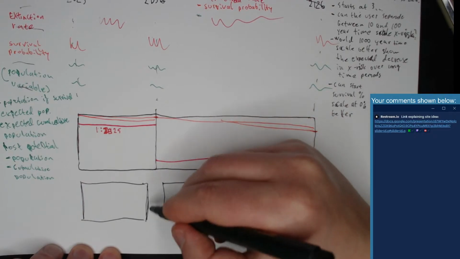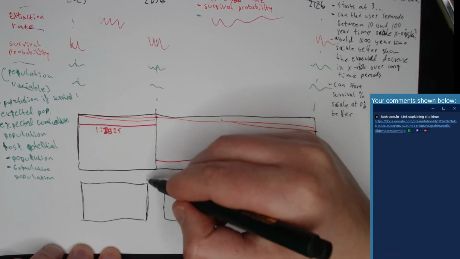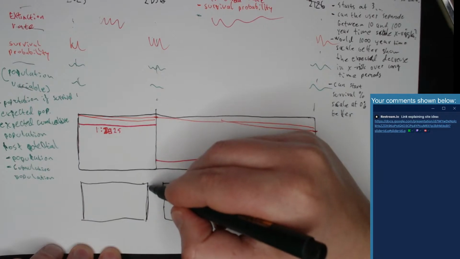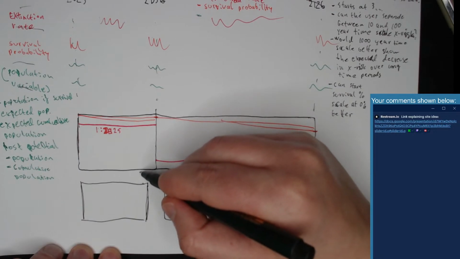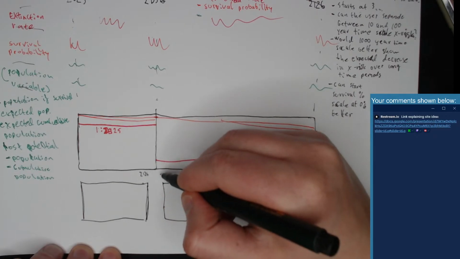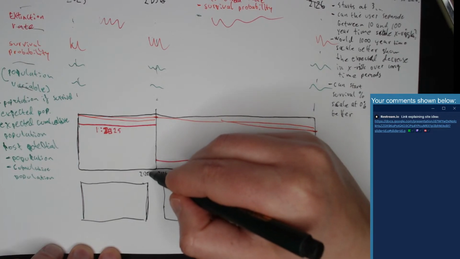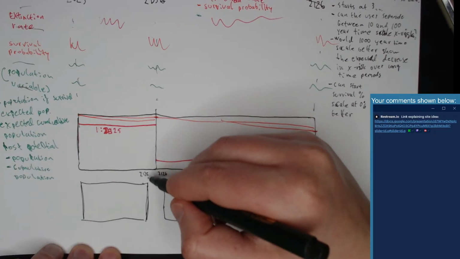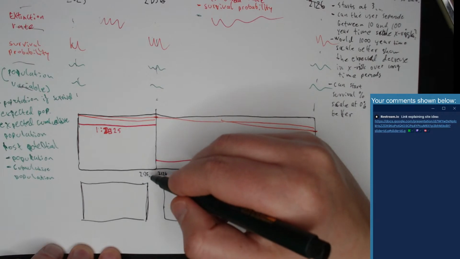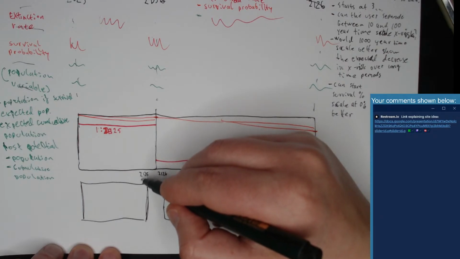Now there's the option that this is the end of 2126, and the start of this is also 2026. Or I could make it so that this is 2125, or you can think of this as the beginning of, I don't know.